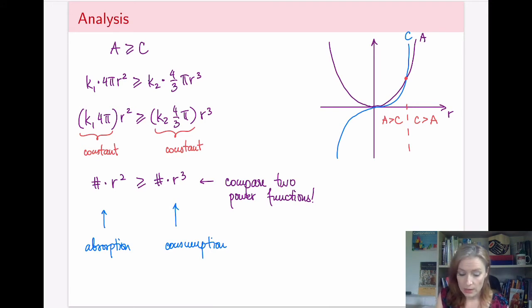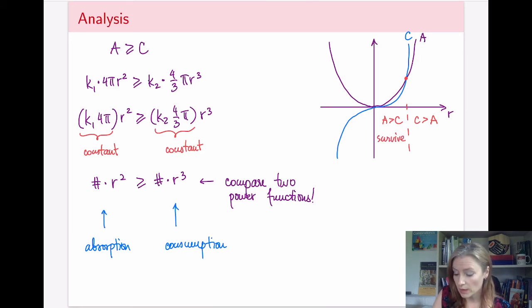Okay, but so we start off by wanting A to be greater than or equal to C because we want the cell to have more nutrients available than it needs to eat. And we can see that it is actually on this region that it happens, right? This region is where the consumption lies below the absorption, which is exactly when the cell is going to survive.